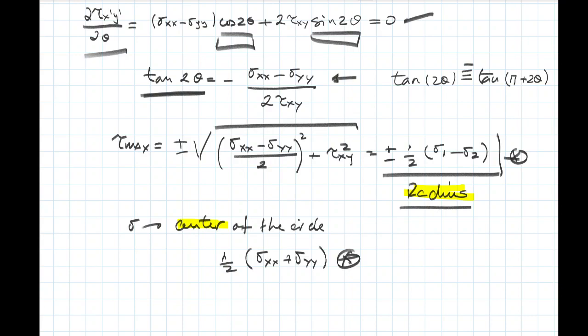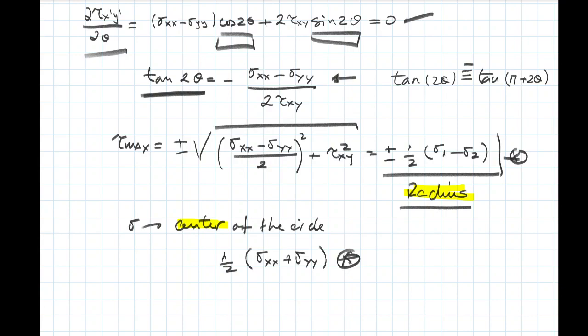So in the next video, what I will do is present the procedure to draw the Mohr circle in 2 dimensions, and after that I will present the procedure to draw the Mohr circle in 3 dimensions. And the idea of doing all this recap about the 2D Mohr circle is to put into perspective what was needed to construct these circles.